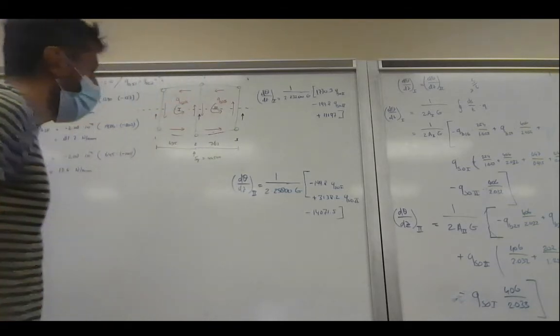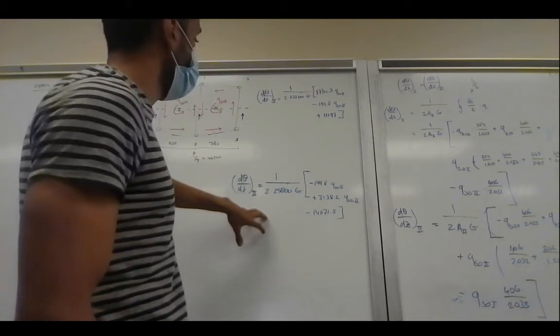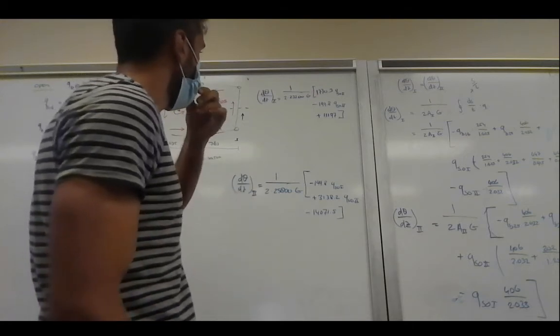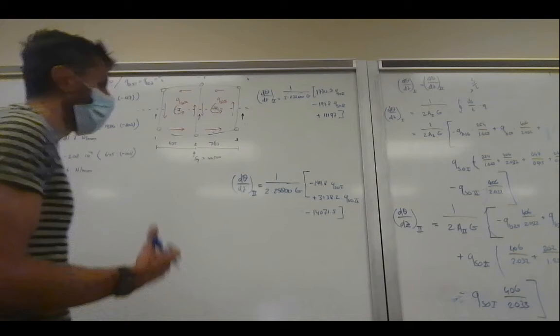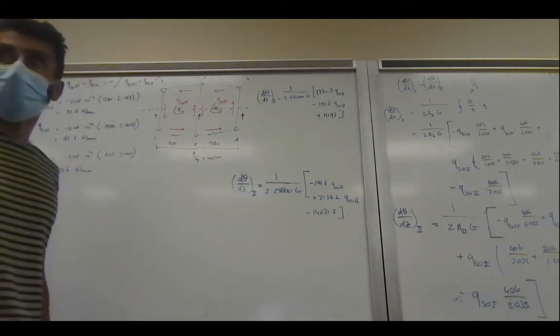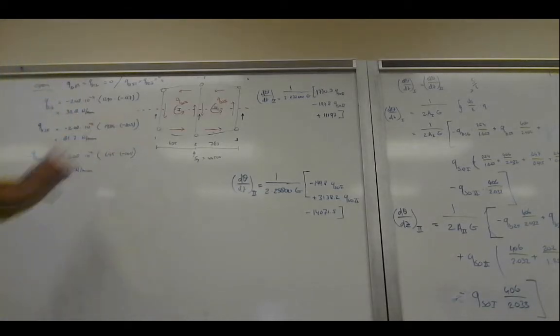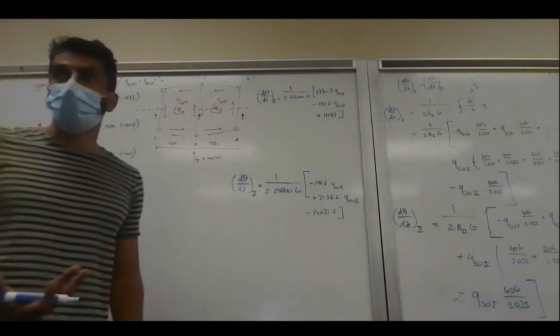So what we can do is equate these two together, and then we can come up with a value for QS01 as a function of QS02. And we need that because for the next step we want to set up a moment equivalence study.